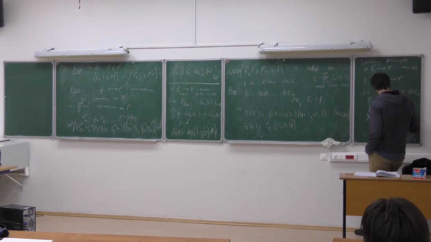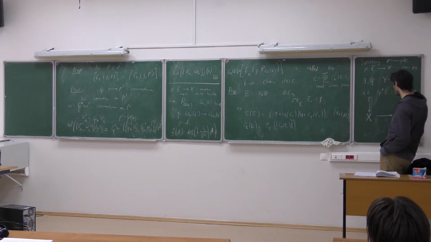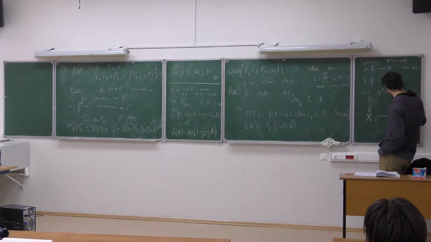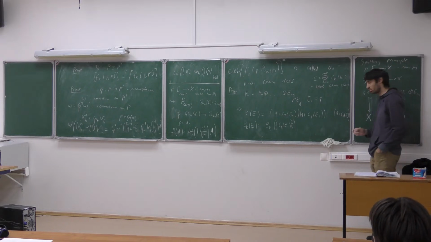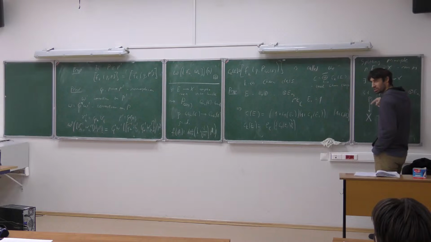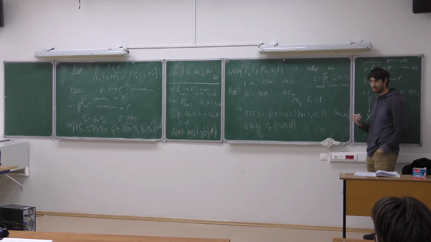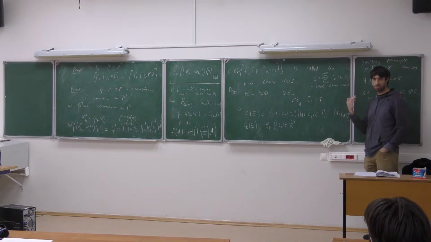Usually they are classified by homotopy equivalence of pullbacks from X to some fixed BG and some fixed bundle PBG. So this is a classifying space for all G bundles over X. Basically all principal bundles appear as pullbacks from a classifying space. And this is very cool.